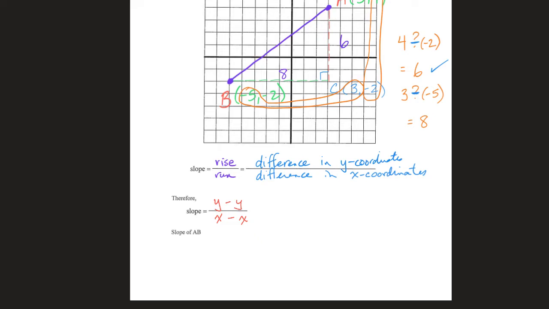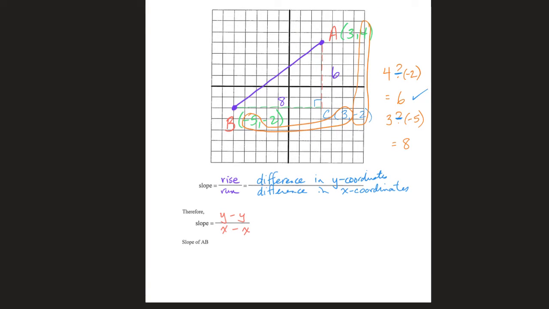Now, you take a look at what I have written down there, and that should look to you like 0/0, which is horribly wrong. Because what you see in red is y subtract y. The problem is, those aren't the same y's. And so what we do then is designate each one of those points as point 1 and point 2. So maybe I take a look at this diagram and I'm going to call my point A my point 1.